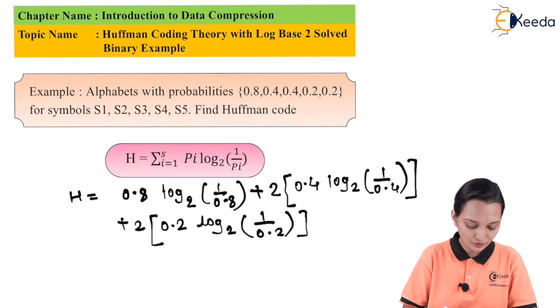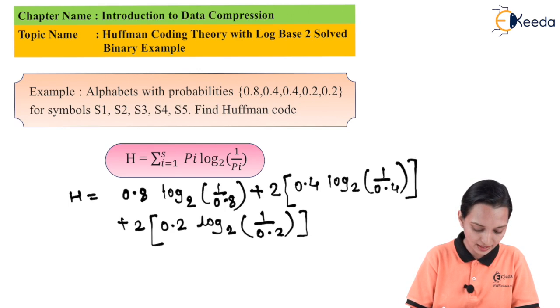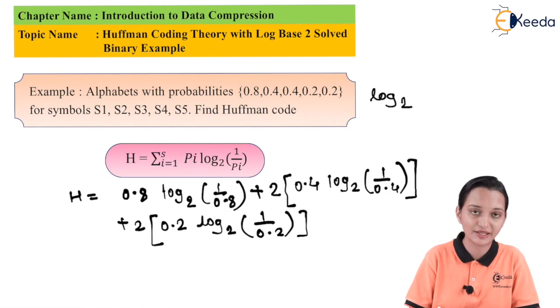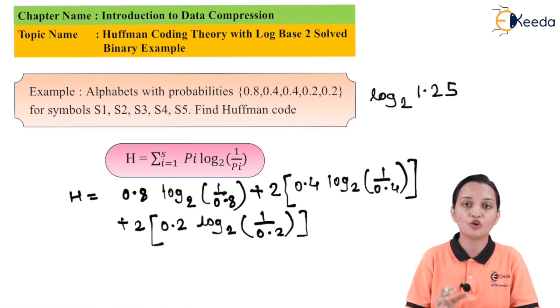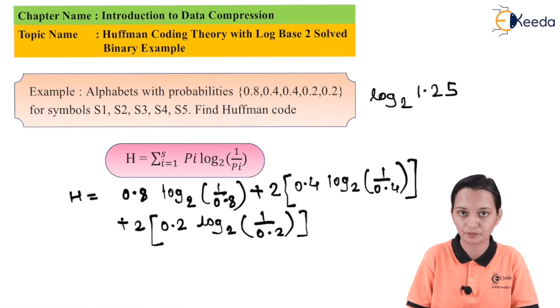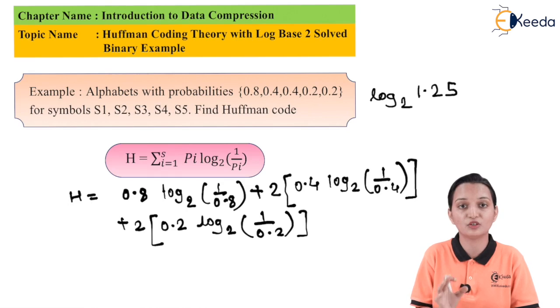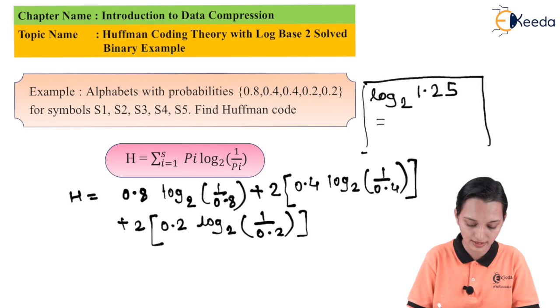So first try to calculate 1 divided by 0.8. That answer is 1.25. So here I will get log to the base 2 of 1.25. Now on your calculator, we all know that we are not able to directly calculate log to the base 2. Why? Because our engineering calculators are more familiar with log to the base 10. So how to solve this? That is the main important factor behind this particular example.